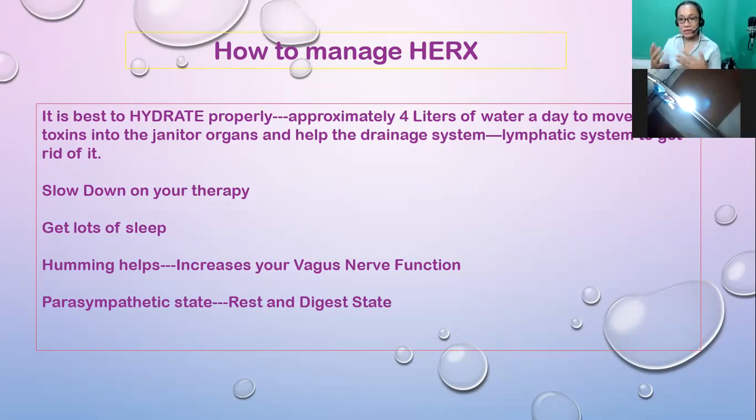So if you do this, you can actually train your body. Because what is happening right now is if you're introducing food, processed food, or whatever food that is not natural, you're training your body to adapt to it.